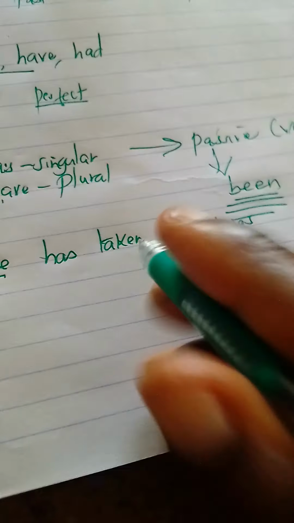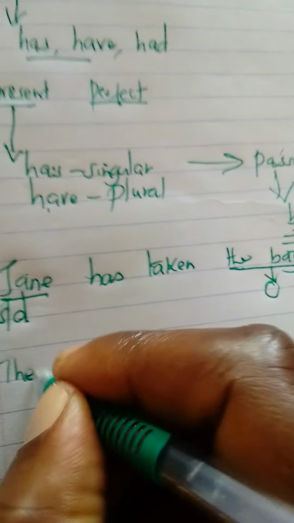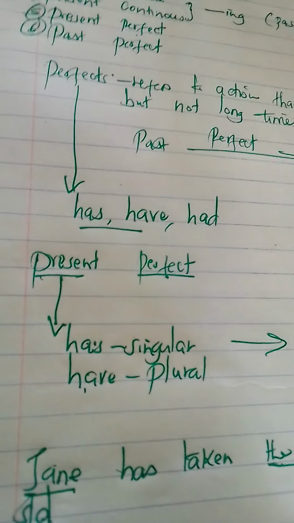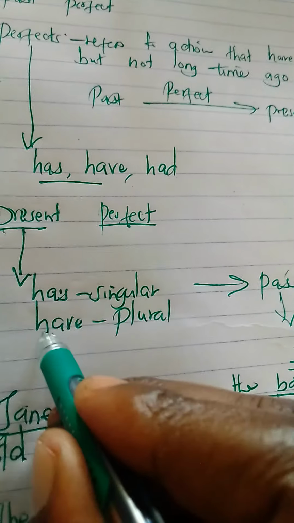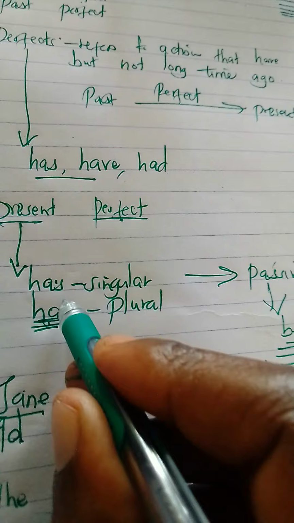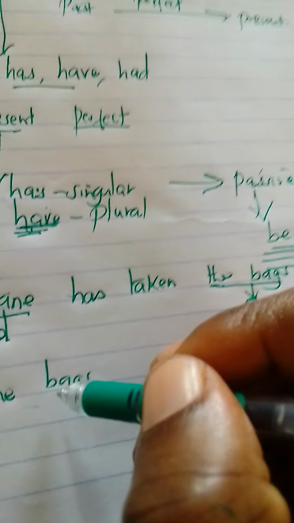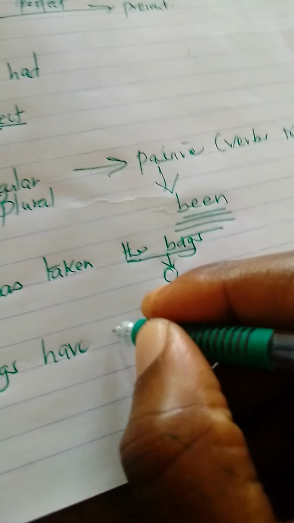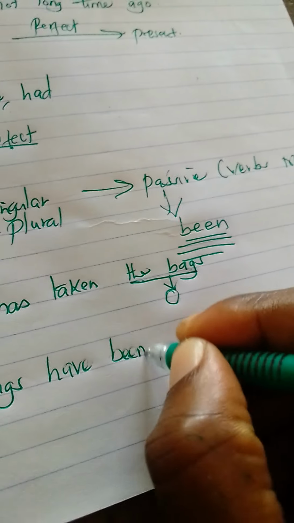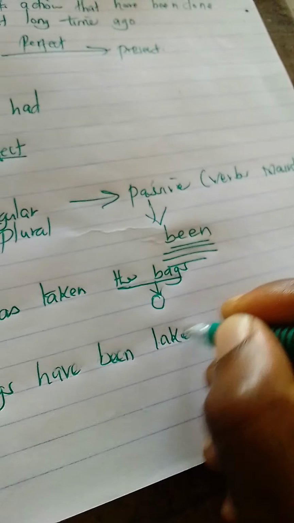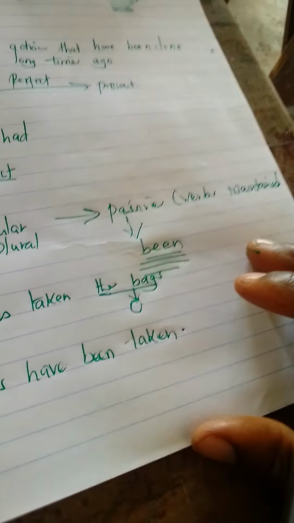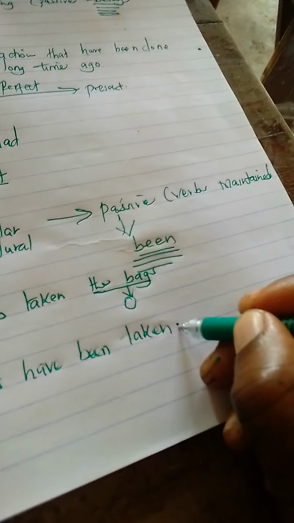So in passive the object starts, so that it becomes the bags. Because the bags are in plural, you come up here and pick a verb that is in plural, which is have. You can't pick on has because you are having the bags. So that it becomes the bags have been taken by Jane, or full stop. It's not a crime when you just end your sentence here.